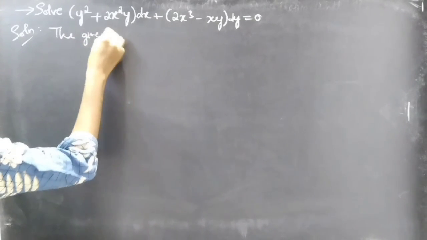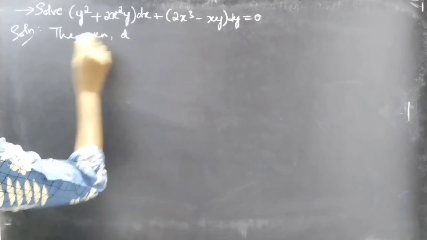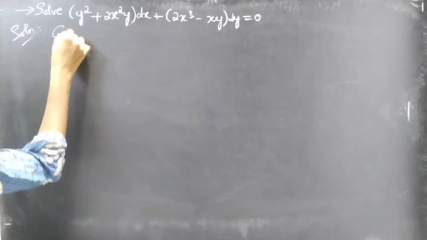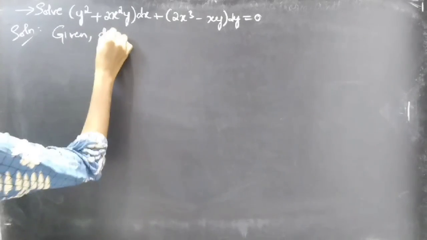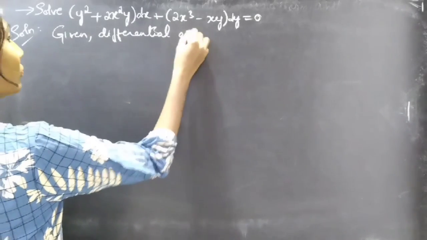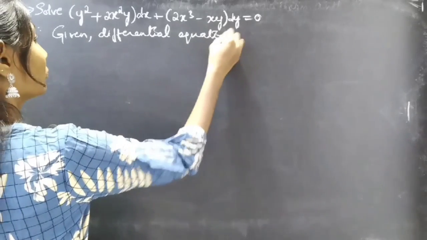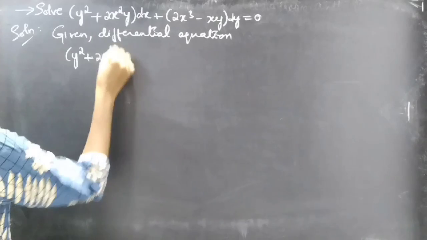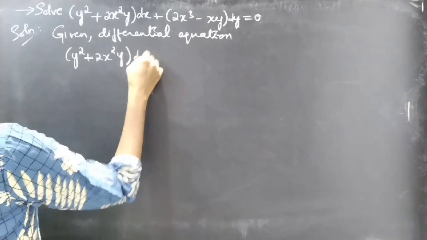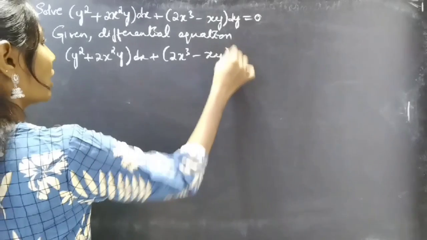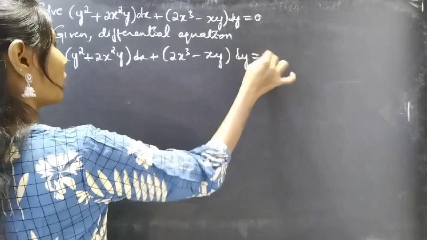The given differential equation is (y² + 2x²y) dx + (2x³ - xy) dy = 0.